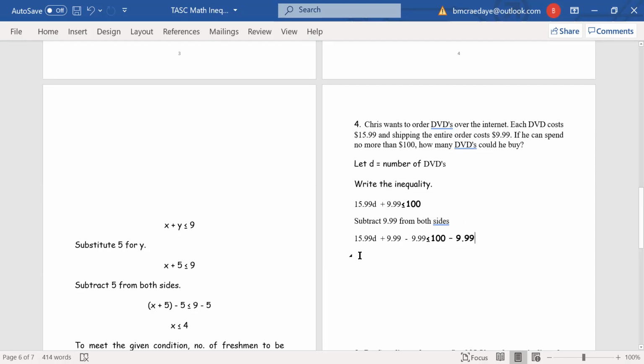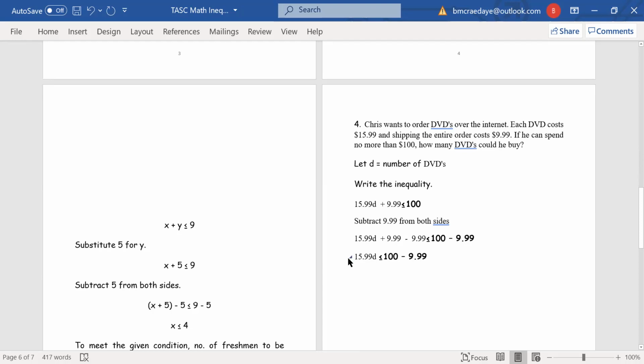On the left, I'm left with just the 15.99D. The plus 9.99 and minus 9.99 go to 0, so we will not have the 9.99s here. So 15.99D is less than or equal to 100 minus 9.99.